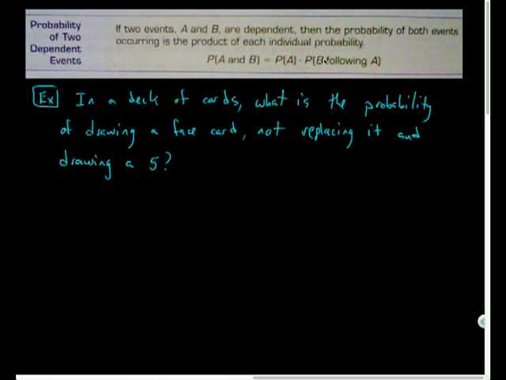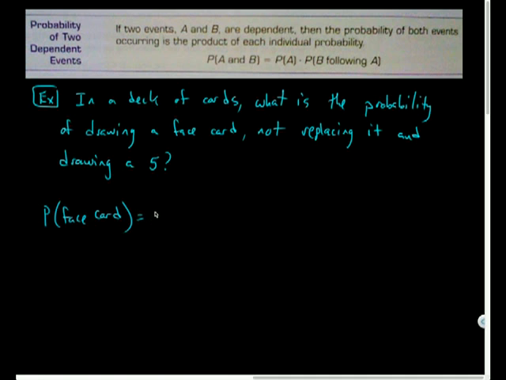Alright, so let's continue with our deck of cards situation. In a deck of cards, what is the probability of drawing a face card, not replacing it, and drawing a 5? So, probability of a face card. Face cards are jacks, queens, and kings. Aces aren't faces.